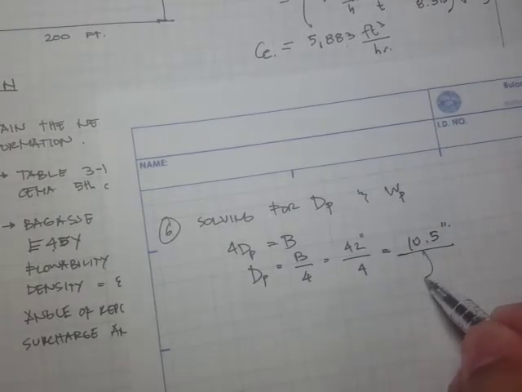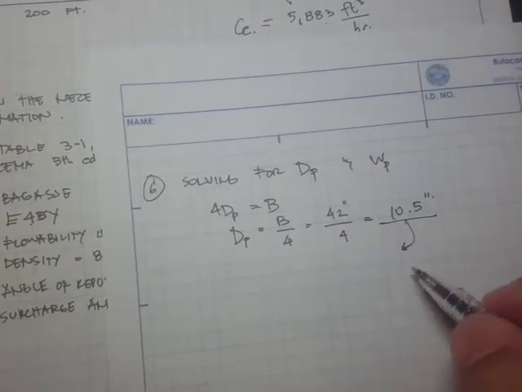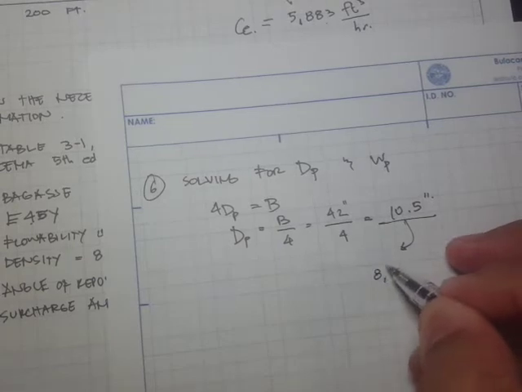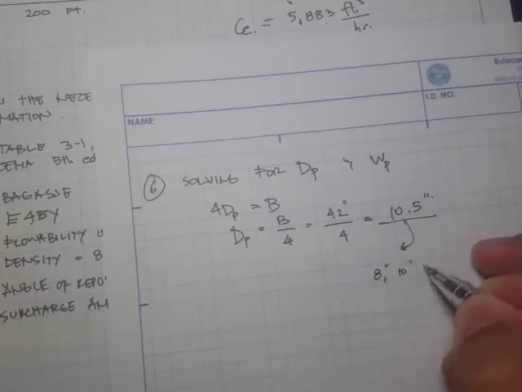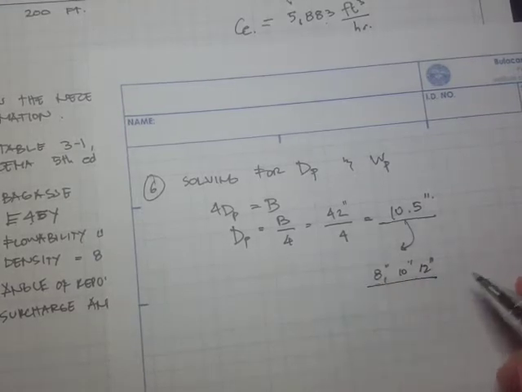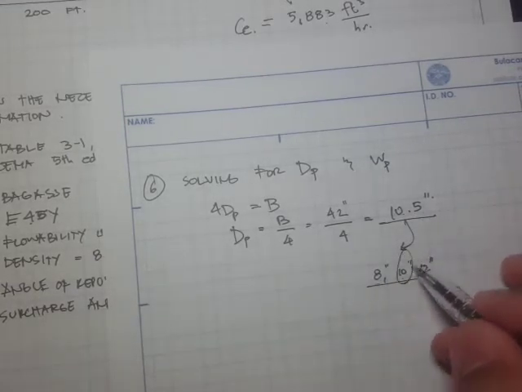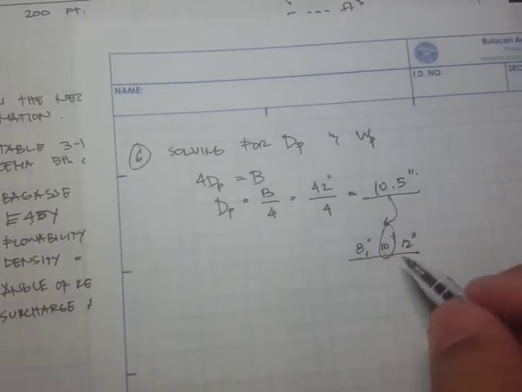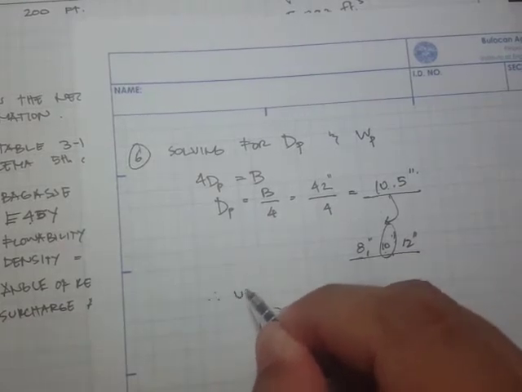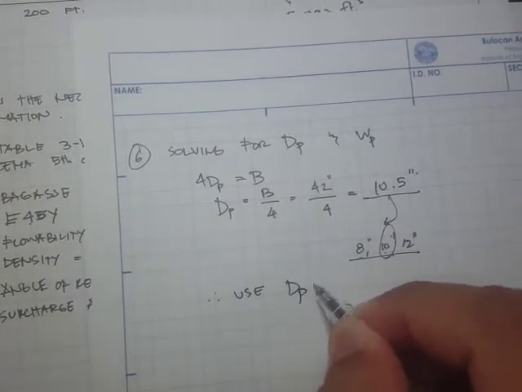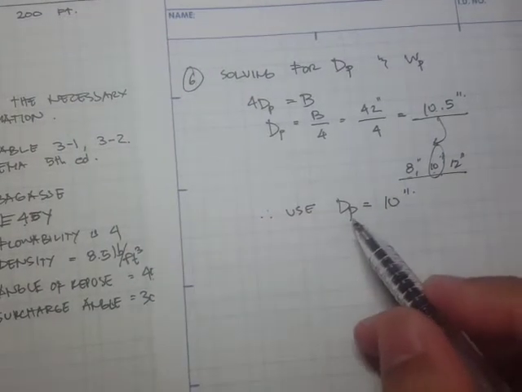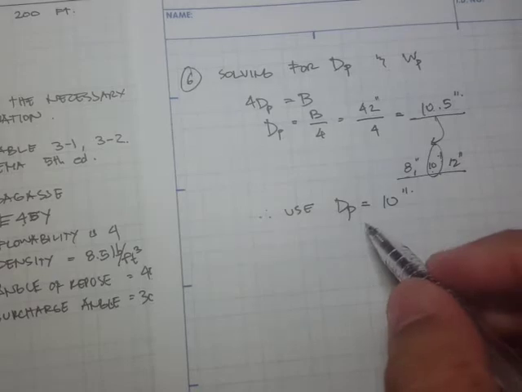Recall that for standard pulley sizes, I think we have just 8, 10, and 12, in increments of 2 inches. So we have 10.5, and therefore we'll have to round it off to 10 inches. So therefore use dp is equal to 10 inches.